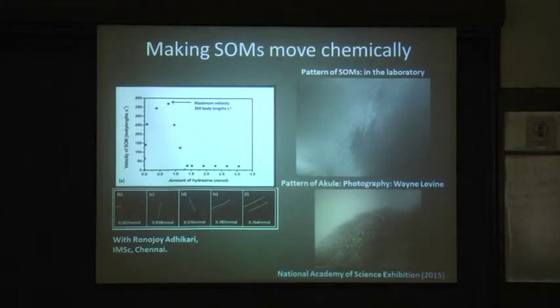Then what we have is also collective modes. Recently I saw in the National Academy of Sciences a picture of a flock by Wine-Levine. It reminded me very much of the flocking behavior that we see in our SOMs as well.